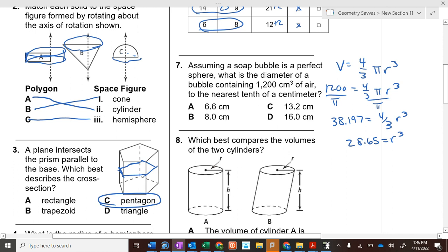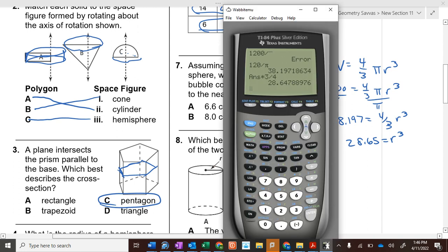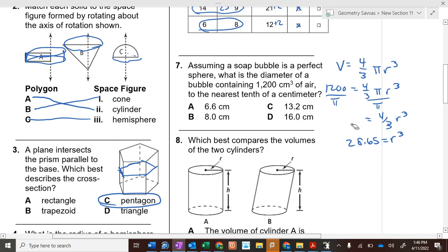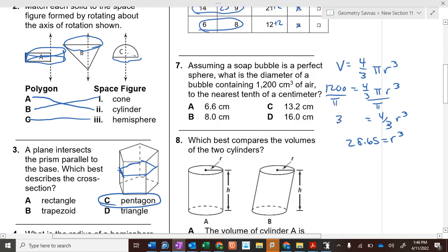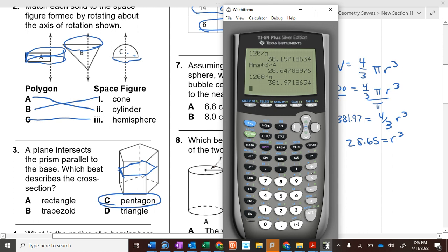I think you put 120 in your calculator instead of 1200. Yeah, I did. So we get 381.97 equals 4/3 r cubed times 3/4 equals 286.48.